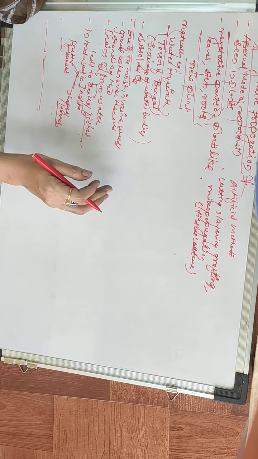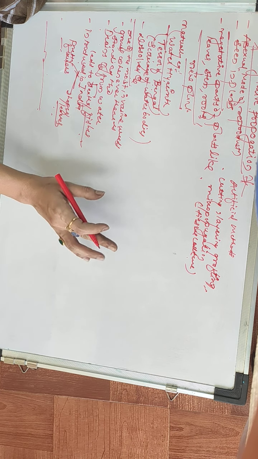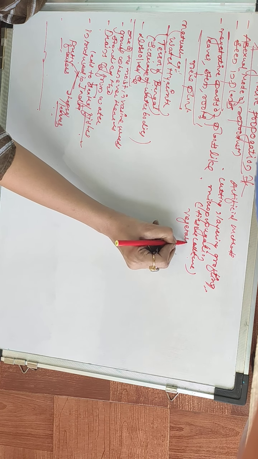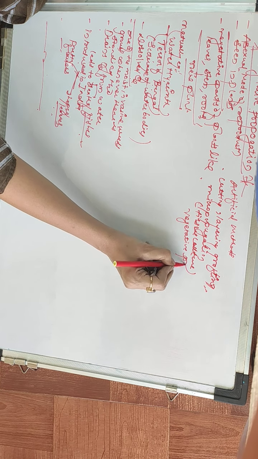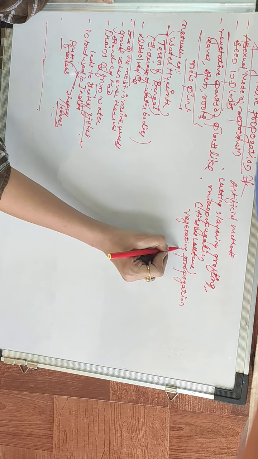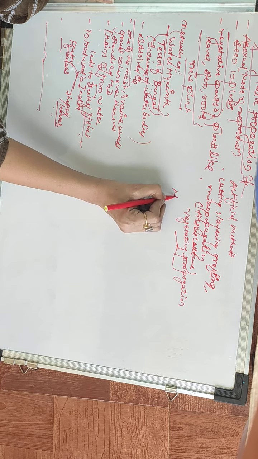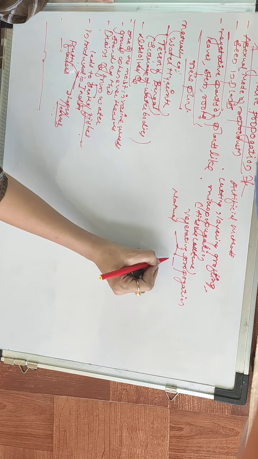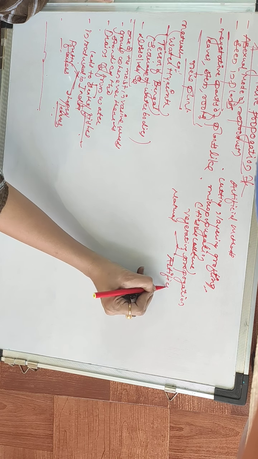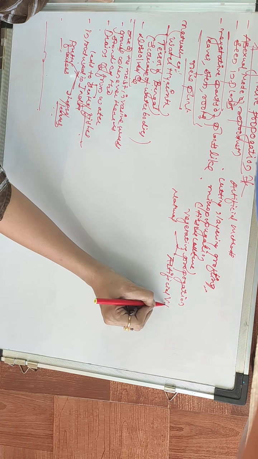Basically, vegetative propagation can be classified into two types: natural vegetative propagation and artificial vegetative propagation.